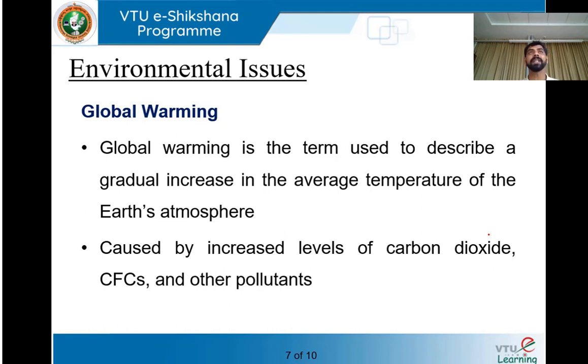Because of deforestation, we have been chopping off all the trees and plants. Deforestation is occurring everywhere. So what is happening? We don't have the required trees which can consume carbon dioxide and release oxygen for us. Because of this deforestation, we are seeing droughts and floods.